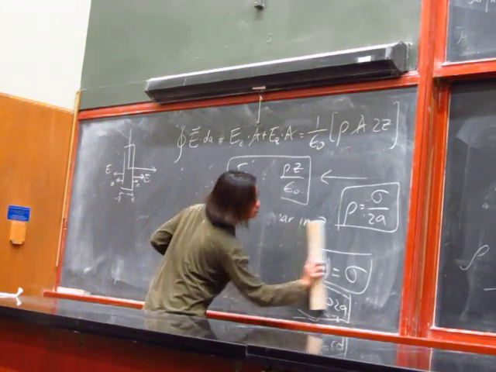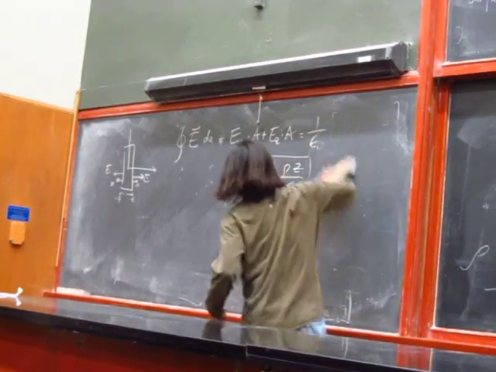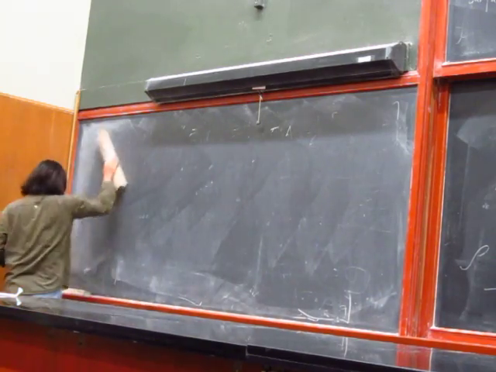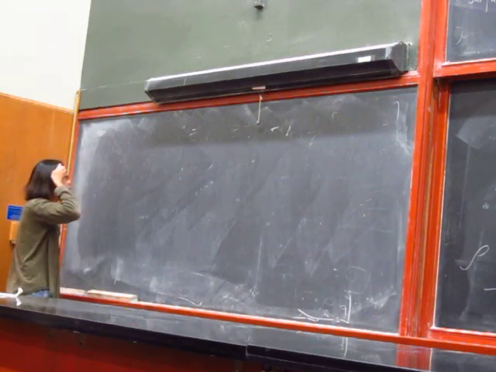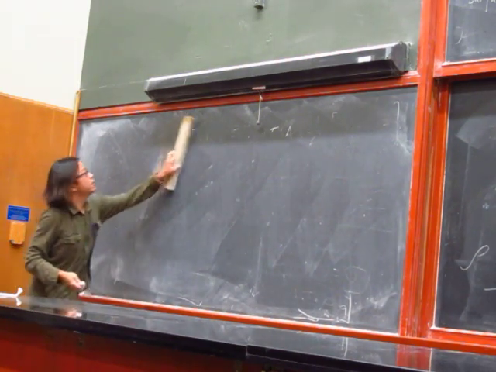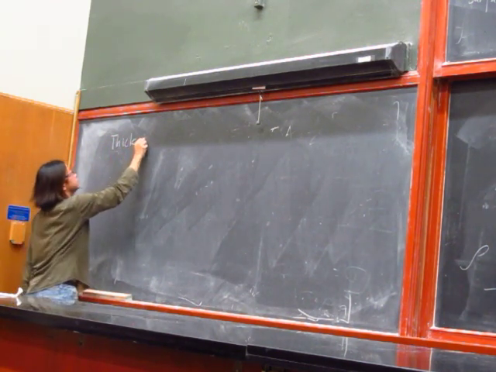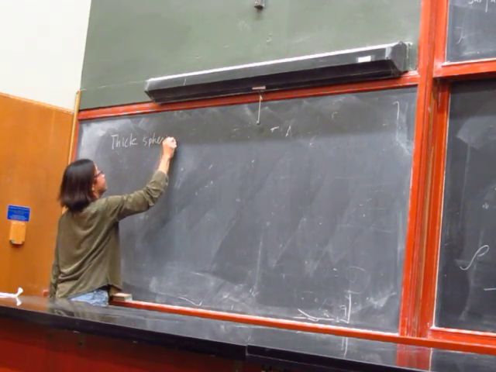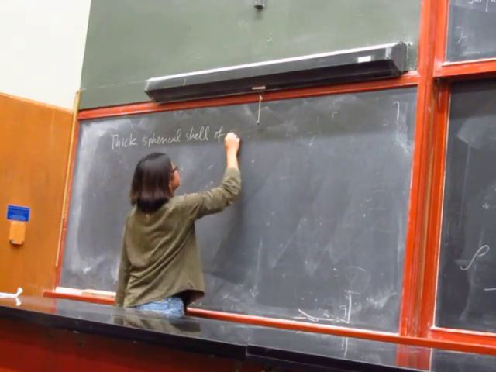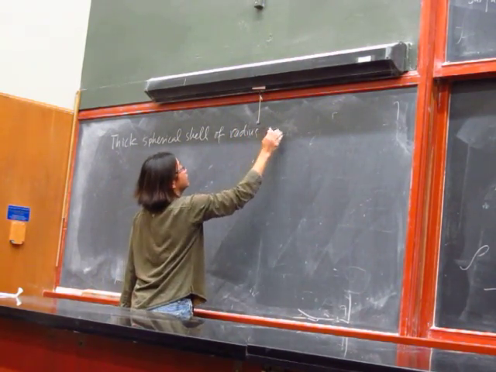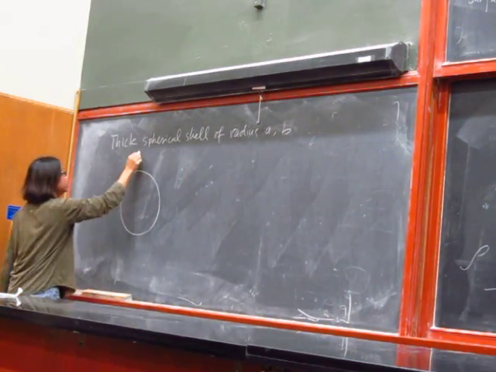So, what can we see? One more example. I'm not going to do it, but you should try to do this at home. How about if I have a big spherical shell, with radii a and b?